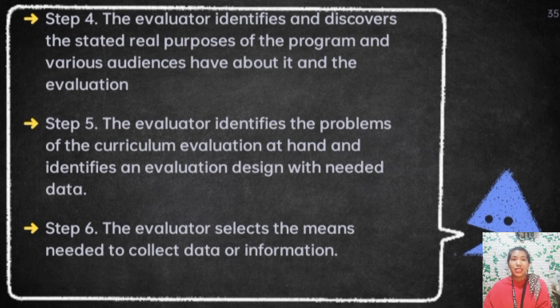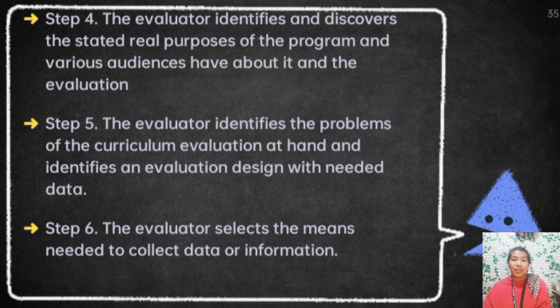So, of course, for everything that we're doing, there might be a problem. They also have to identify that and also the evaluation design that will be needed. Number six, the evaluator selects the means needed to collect data or information.